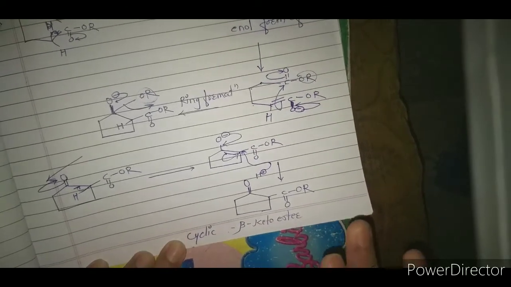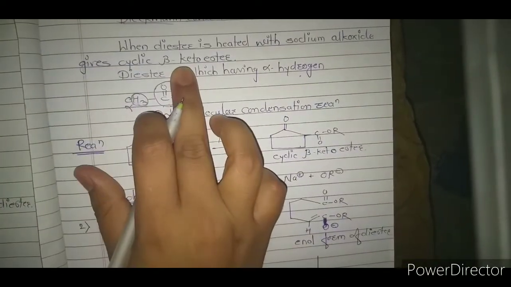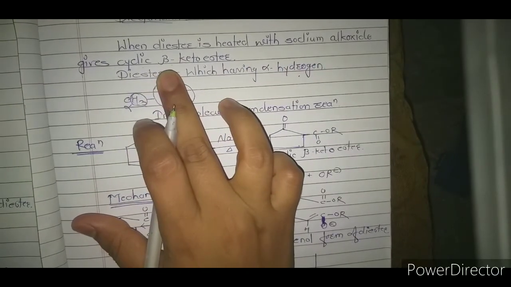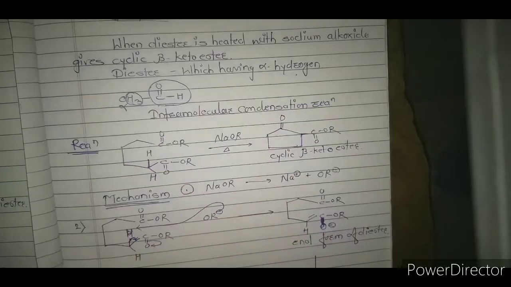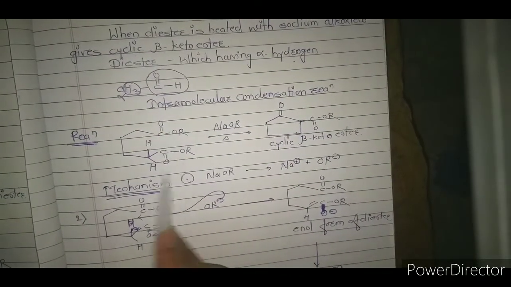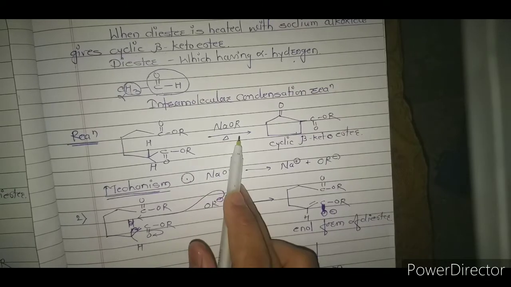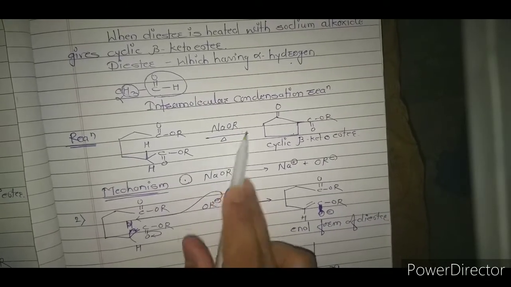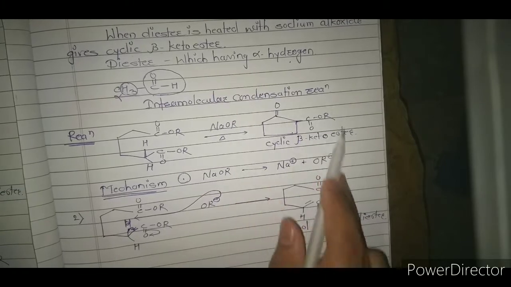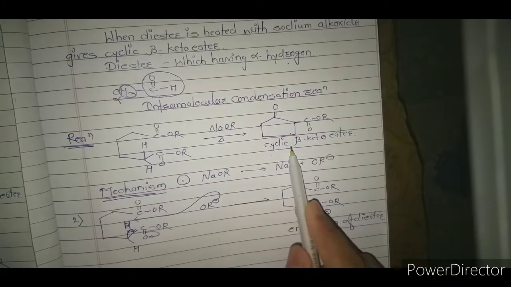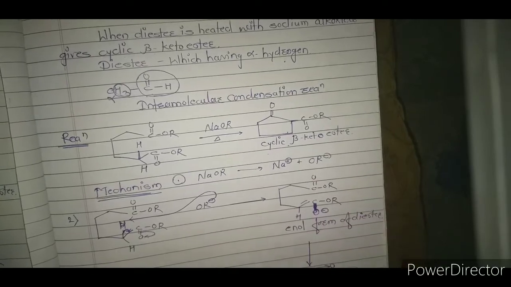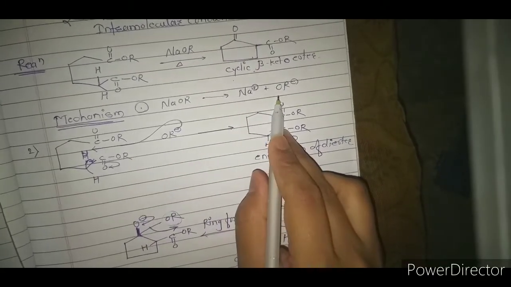So what happened in this reaction? When diester is heated with sodium alkoxide, it gives cyclic beta keto ester. This diester is treated with sodium alkoxide, it undergoes cyclization and gives the product beta keto ester. First of all, sodium alkoxide breaks down into sodium ion as well as alkoxide ion.